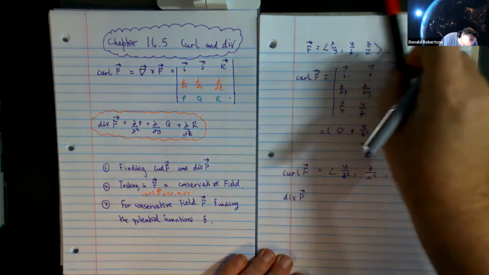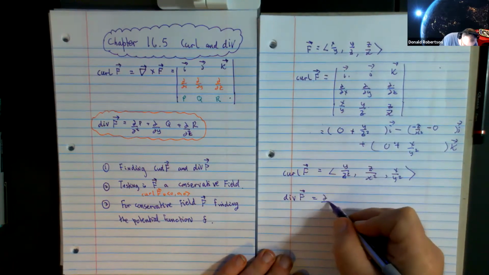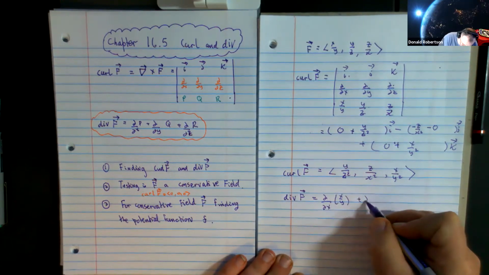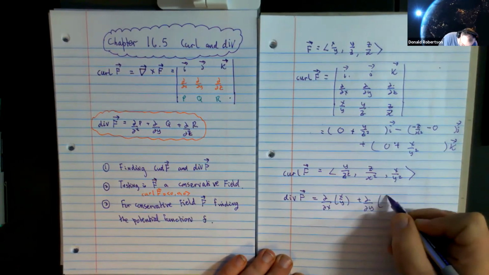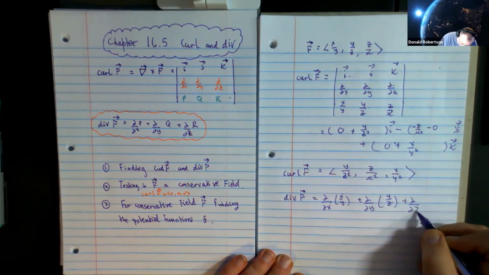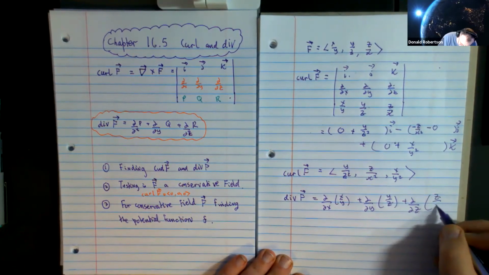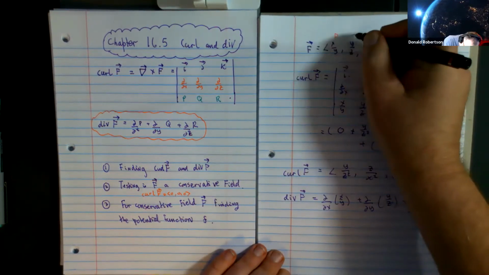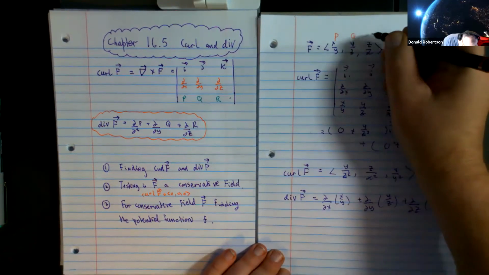What we do is the partial derivative with respect to x of the first guy, plus the partial derivative with respect to y of the second guy, plus the partial derivative with respect to z of the third guy. And that's because we call these guys P, Q, and R.